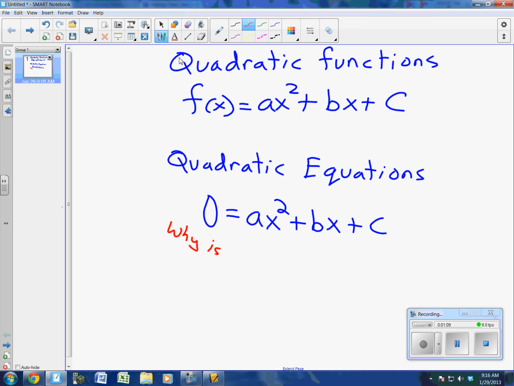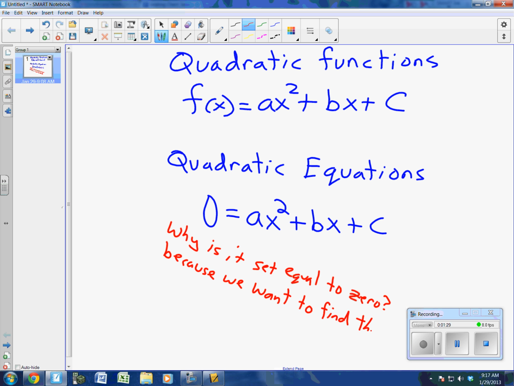Why is it set equal to 0? And the answer is because we want to find the zeros. Okay?